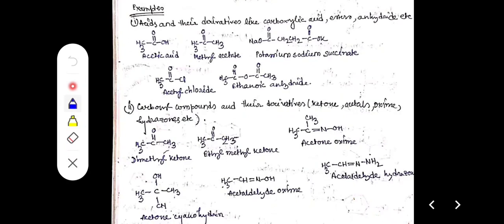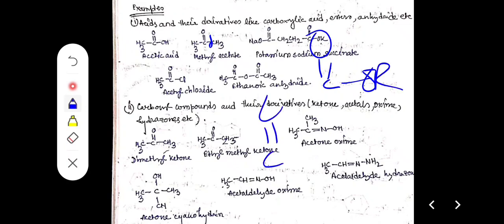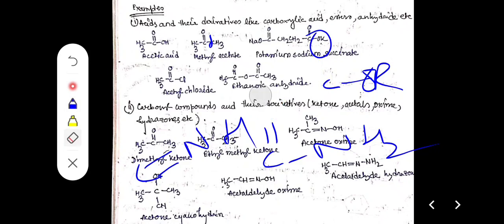There are lots of acids and their derivatives. Carboxylic acid, if a COOH group is present, we can term it as acid. If a COOR group is present, we term it as ester. If a COONH2 group is present, we term it as amide. If a C double bond NH group is there, that is termed as imine.